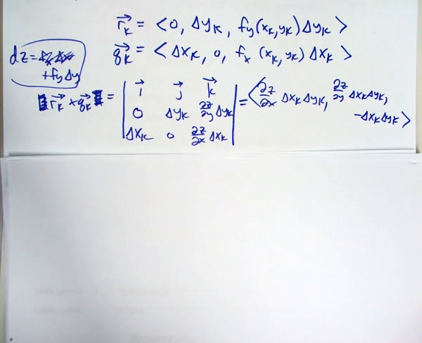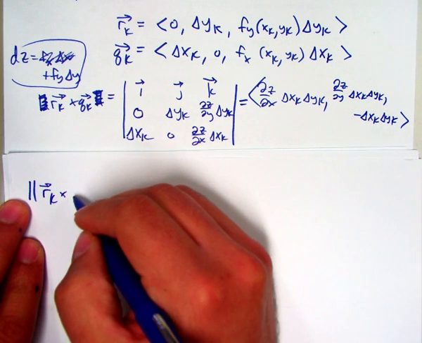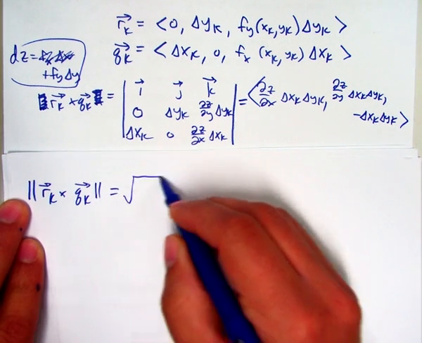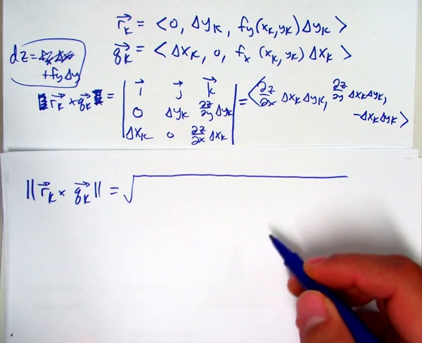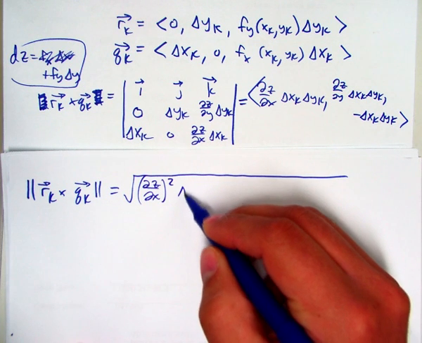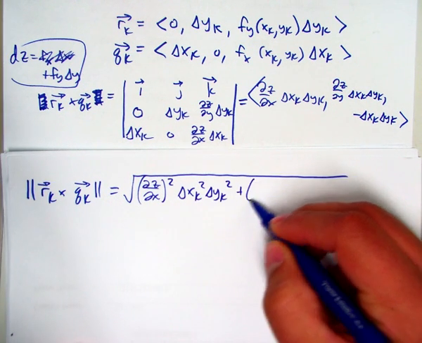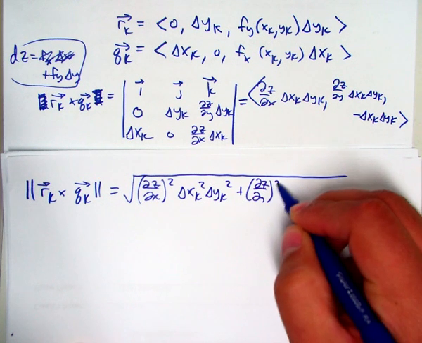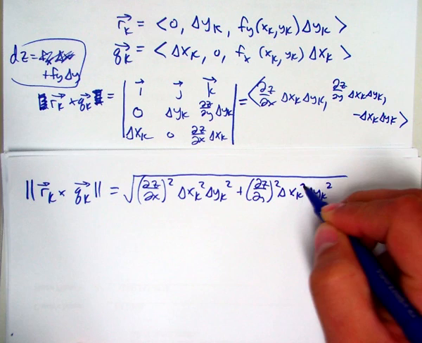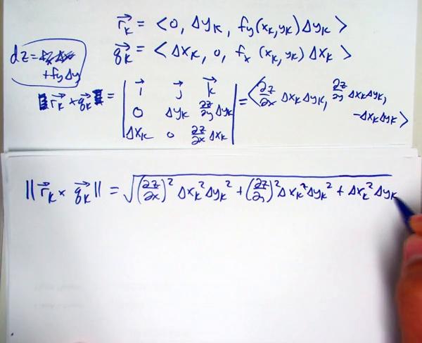Okay. Now let's find the magnitude. So the magnitude is going to be the square root of the sum of the squares. So partial z partial x squared, delta x sub k squared, delta y sub k squared, plus partial z partial y squared, delta x sub k squared, delta y sub k squared, plus delta x sub k squared, delta y sub k squared.